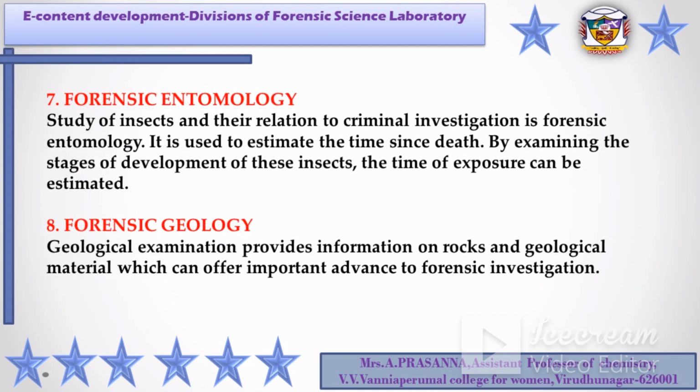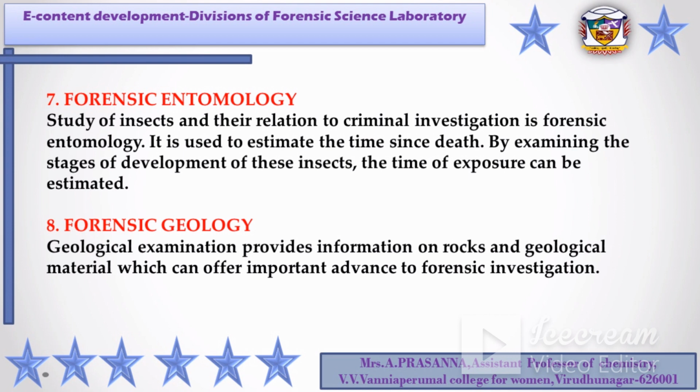The next division in the forensic science analysis is forensic entomology. The study of insects and their relation to criminal investigation is forensic entomology. It is used to estimate the time since death.